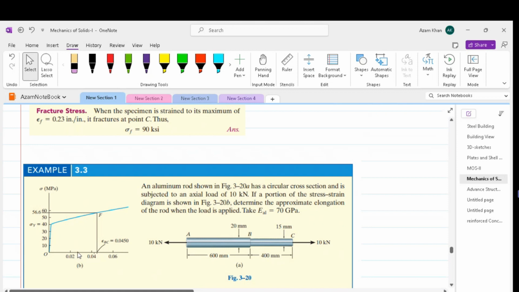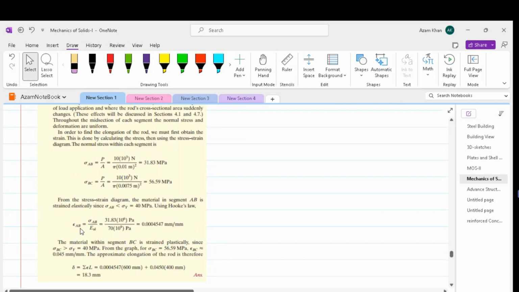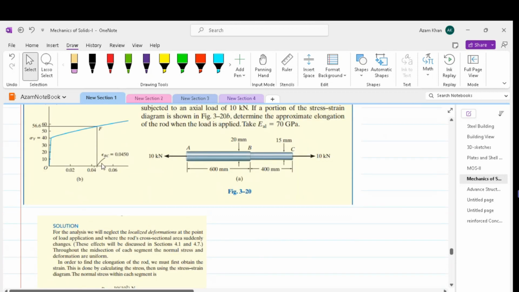So Hooke's law is not applicable. Therefore, we'll have to make use of this stress strain curve to determine the strain. So strain in AB is found using Hooke's law. The strain in BC is determined from the curve, which is approximately 0.045.